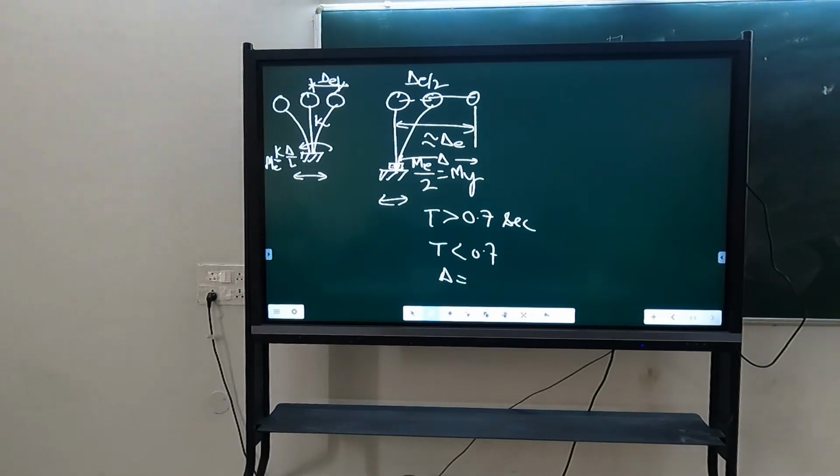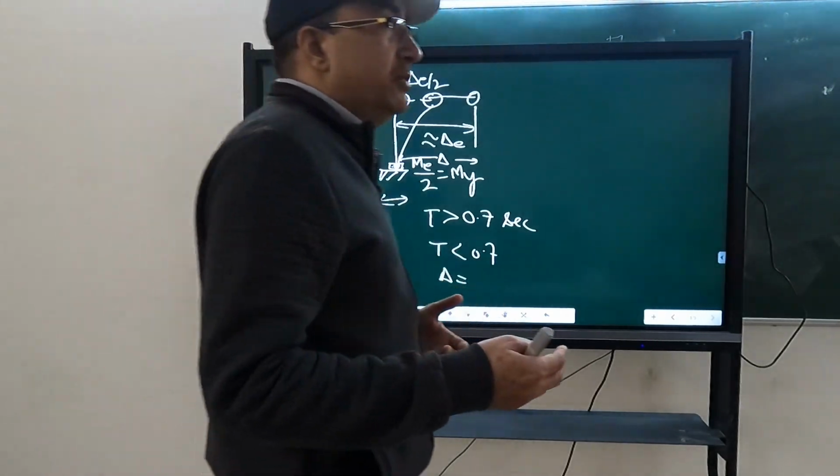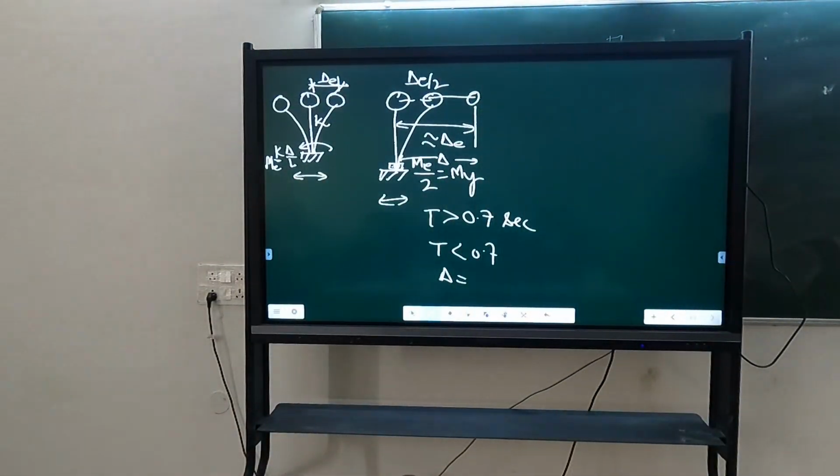Not less, it will be more. That is equal energy principle. Okay, it is observed. You do analysis and see. For short period structures, the displacement is more than the elastic displacement. Inelastic displacement is more than the elastic displacement.